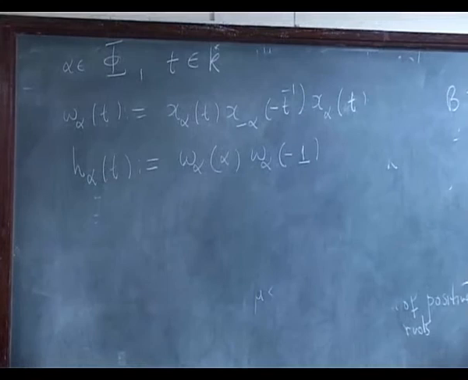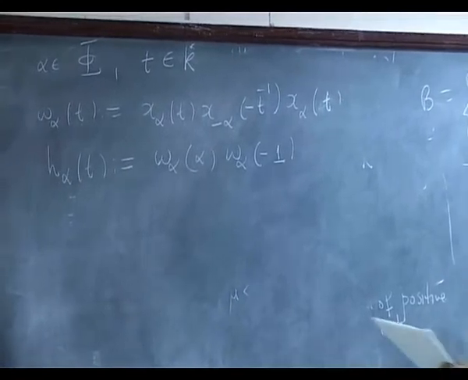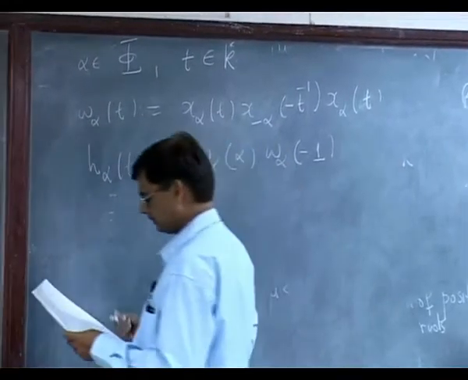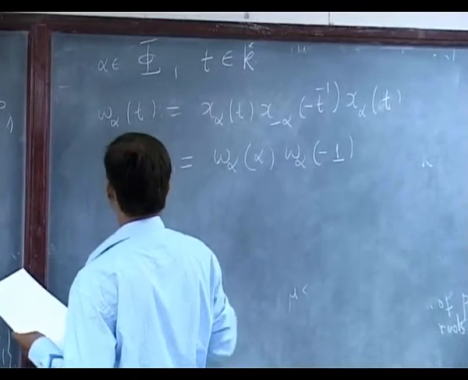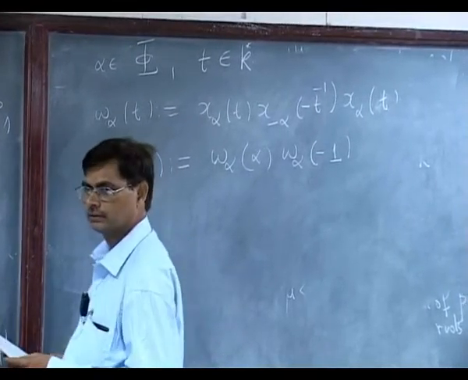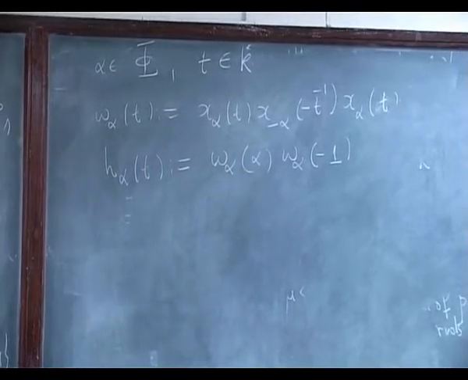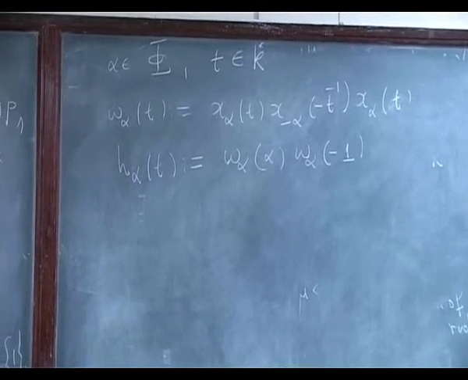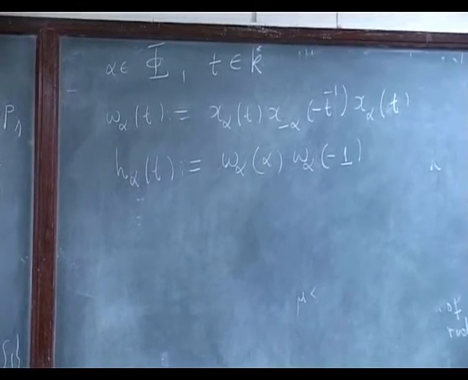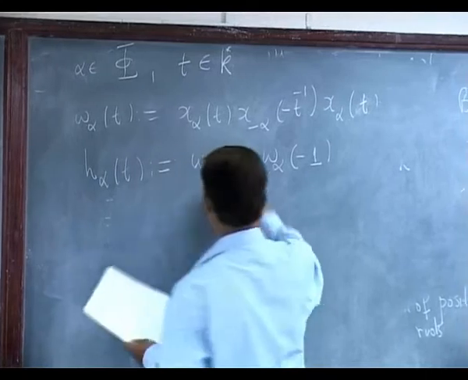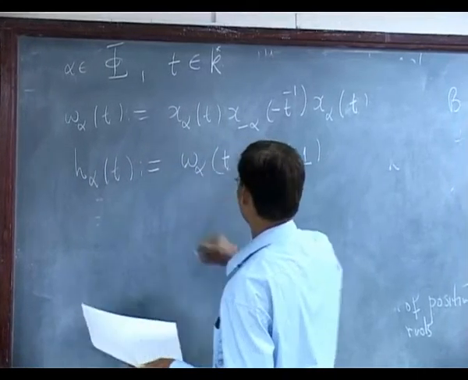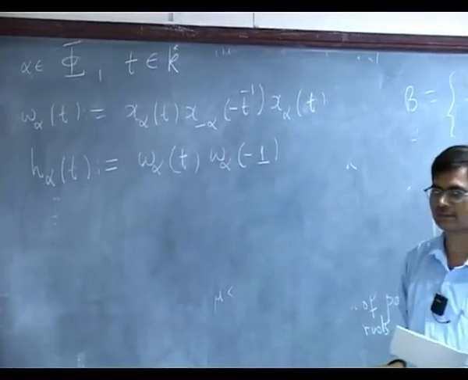Okay. So, you call the subgroup generated by this, sorry, which one? H_alpha(t) is W_alpha(t), I am sorry, W_alpha(t) and W_alpha(minus 1).